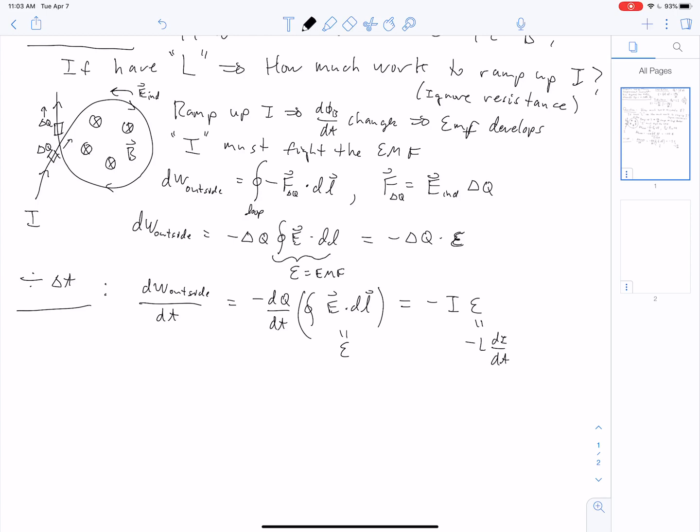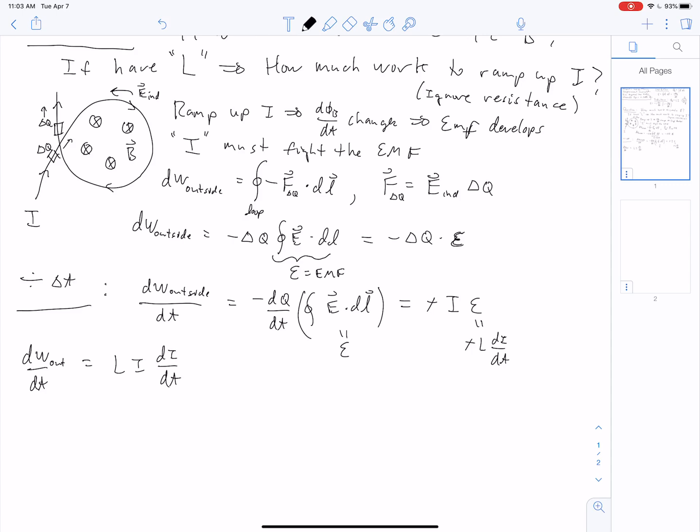And so these negative signs cancel, and we end up with dW dt, the time derivative of the work done by the outside agent, equal to L I di dt.